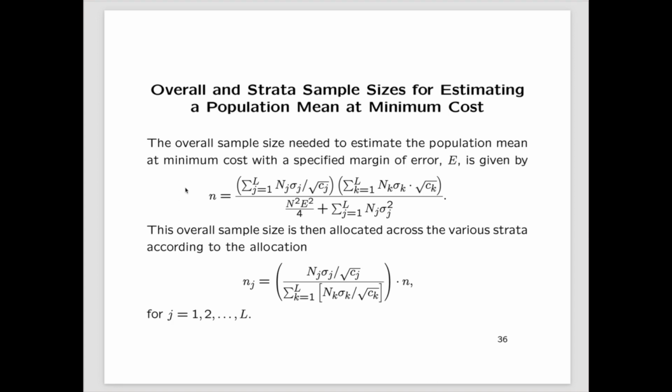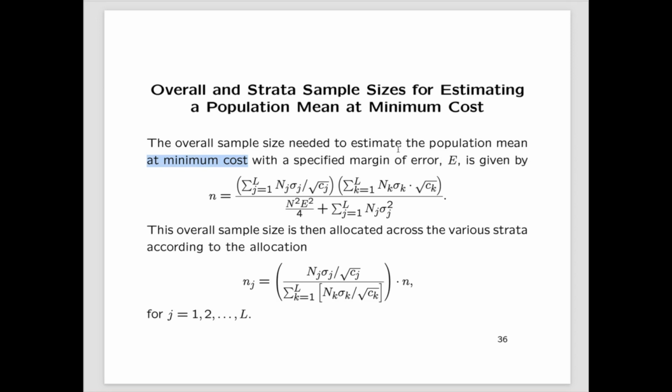So now, on the previous slide we found the allocation ratios, but what we can do is also find the overall sample size needed to estimate a population mean with a specified margin of error, and do so at minimum cost.